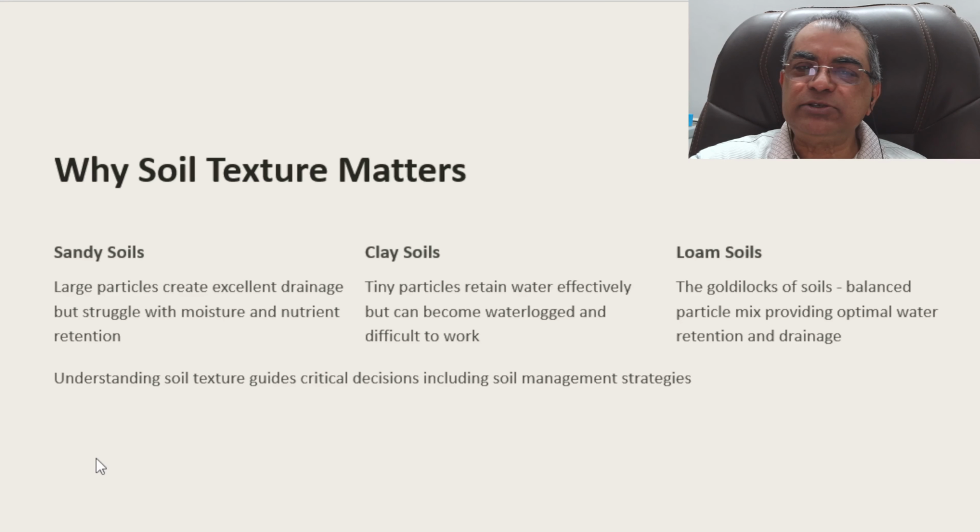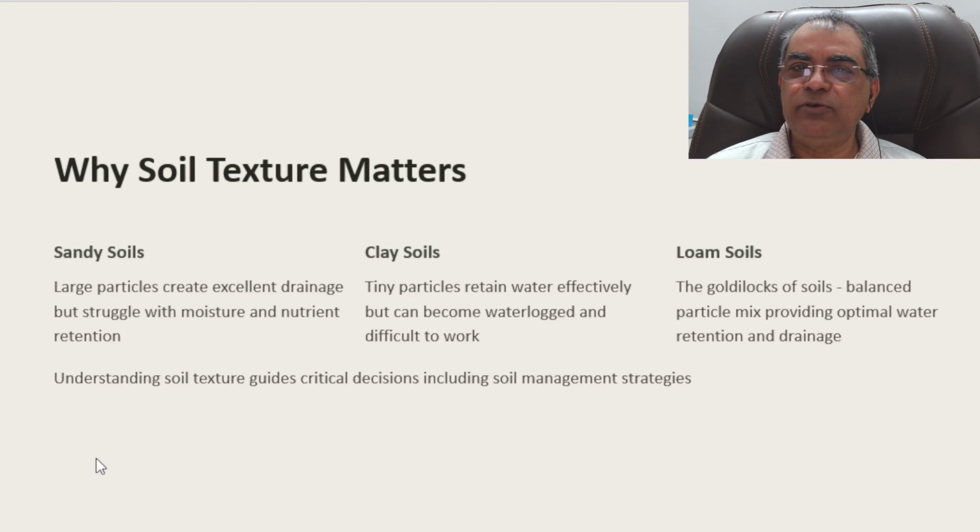So why does texture matter? Sandy soil, with large particles, creates excellent drainage but struggles with moisture and nutrient retention. You will see sandy soils in many Middle East countries. At construction sites you can also encounter clay soils. Tiny particles retain water effectively but can become waterlogged and difficult to work.